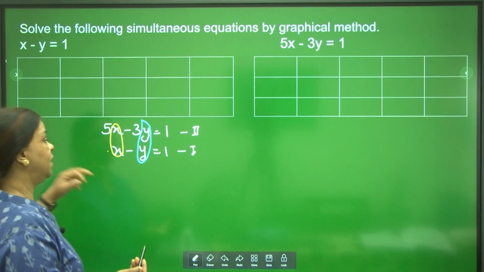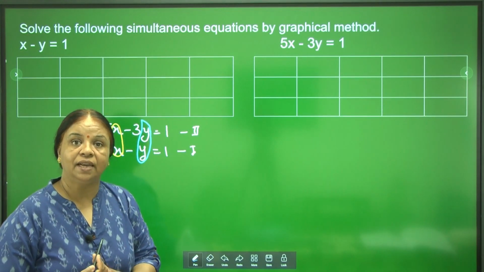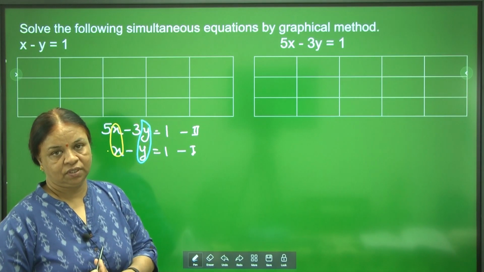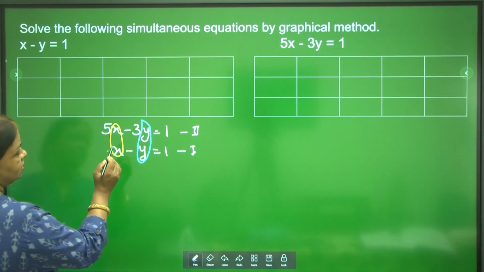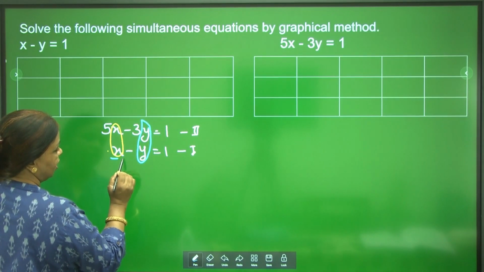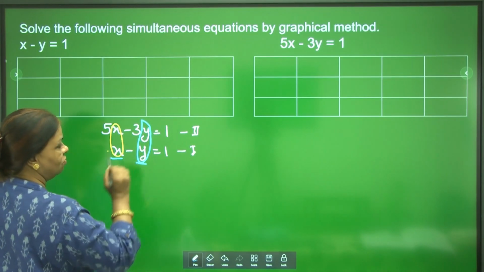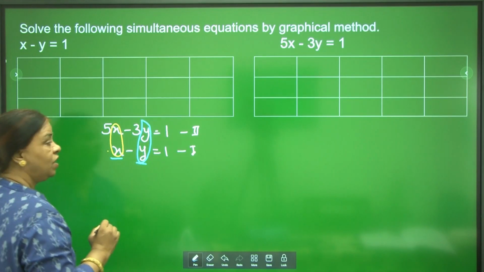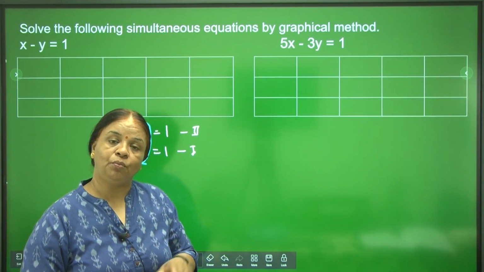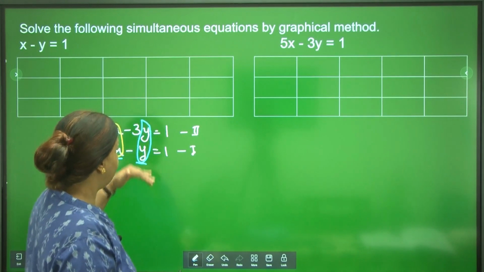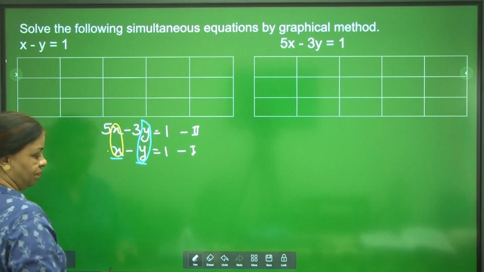If I can make their coefficient same, I can eliminate one of the terms and I can get the answer for another term. See, this is x variable and this is y variable. One of the variables can be eliminated when both variables in the equations have the same coefficient.